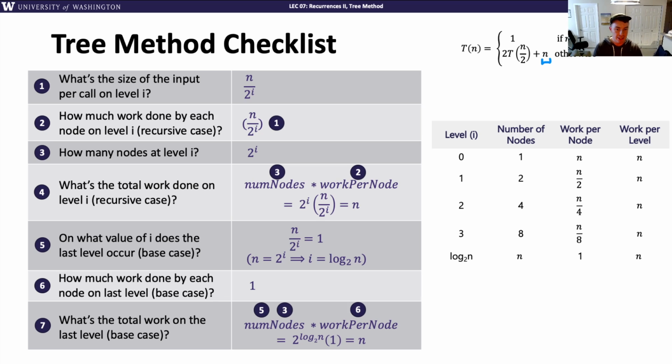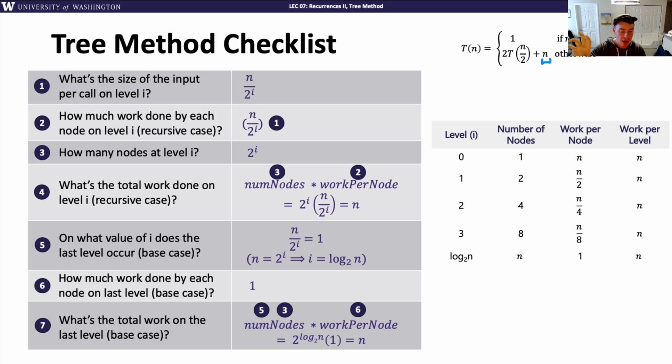Well, we plug those in together. We know that's going to be 2^i, and i is going to be log base 2 of n. Then we answer question 6, which was how much work is being done at each of those nodes. It's 1. So 2^(log base 2 of n), well, log and exponents are inverses of each other. And so you could argue to yourself here that that's going to end up being n.